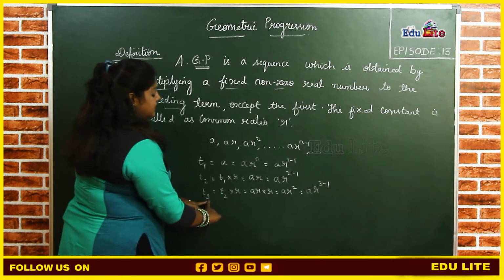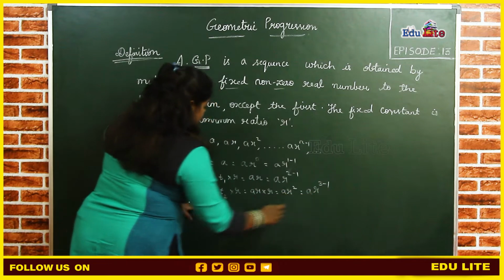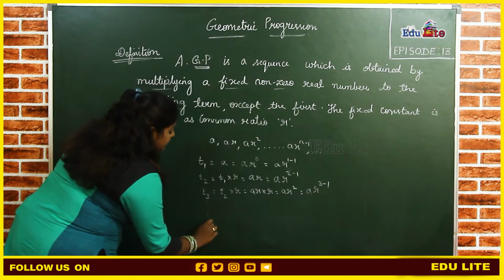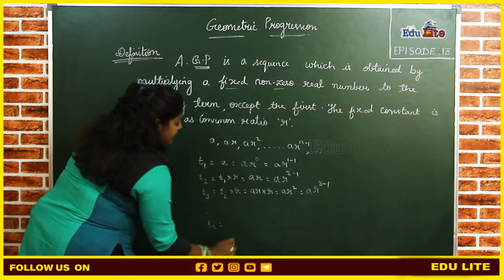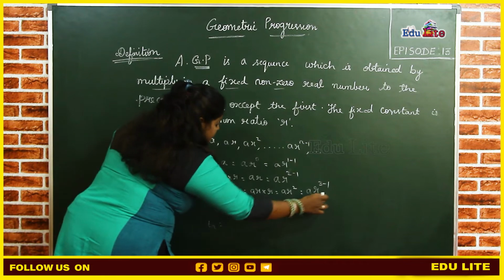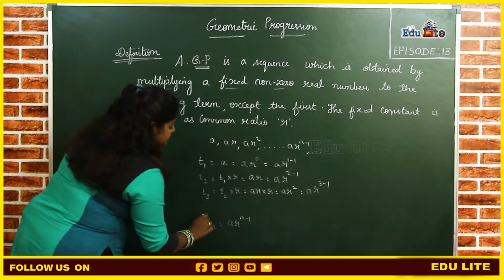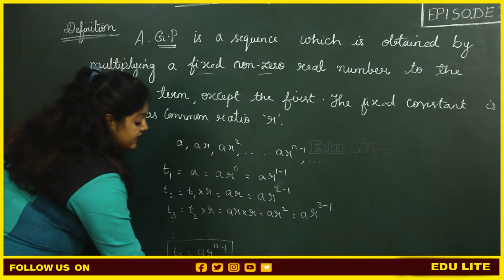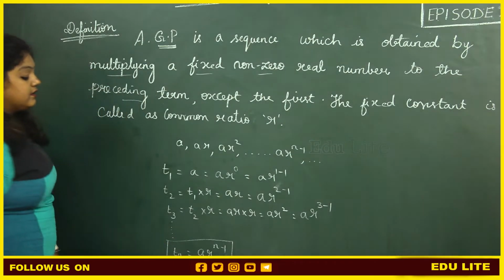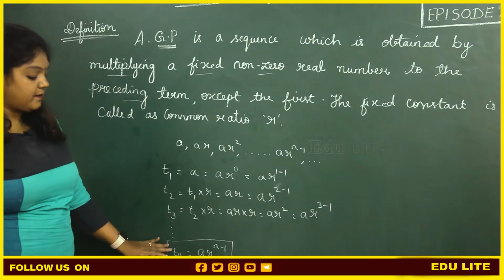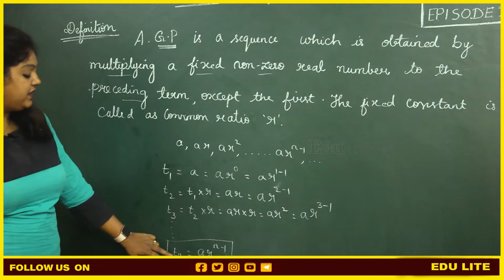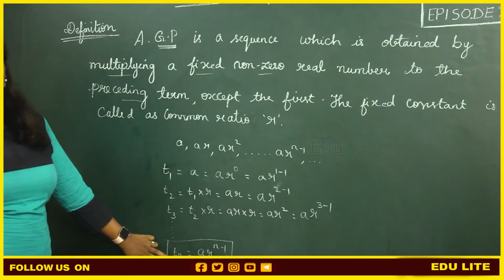Similarly, if it goes on like this, Tn can be expressed as AR power n minus 1. So, this is called the nth term or general term of a geometric progression. This is how we express the nth term of a GP.